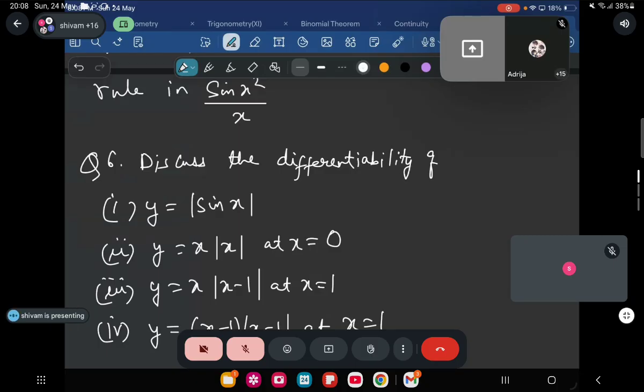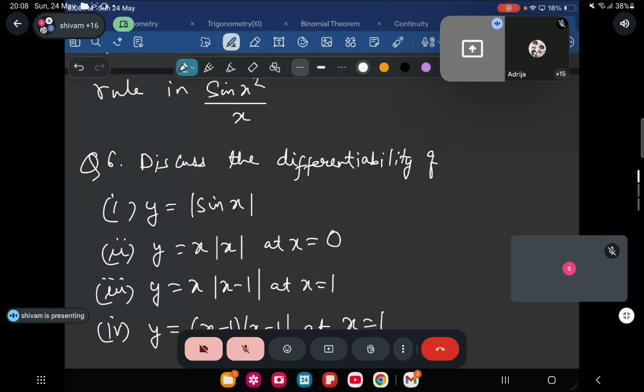Okay, like if there's 0. No, not only that one, but there will be some more points. It's correct, but there will be some more points. Right.